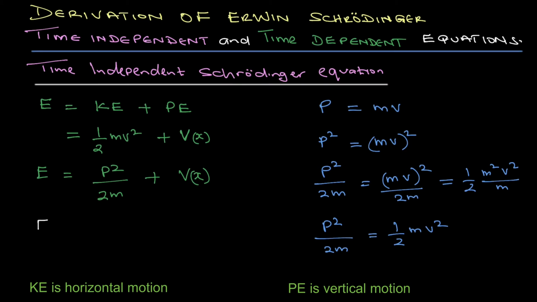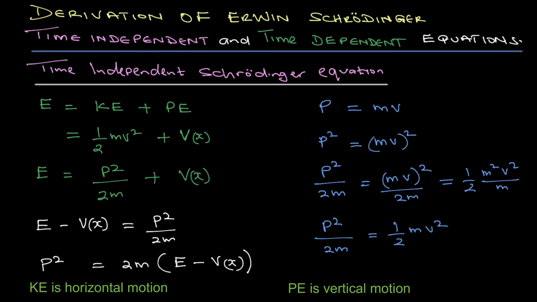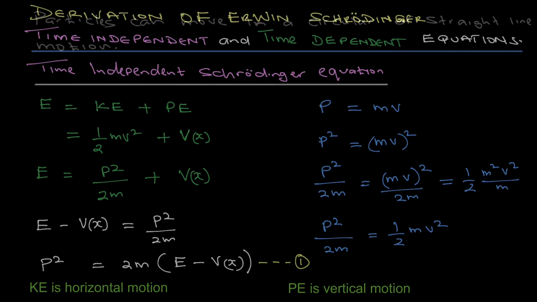So first I get E minus V(x) equals p squared over 2m. Then I get p squared equals 2m times the bracket E minus V(x), close bracket. And this is equation 1.